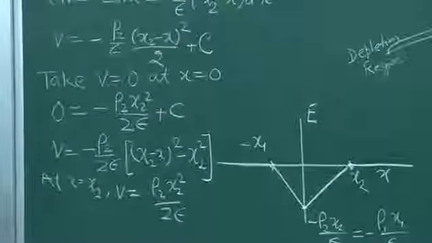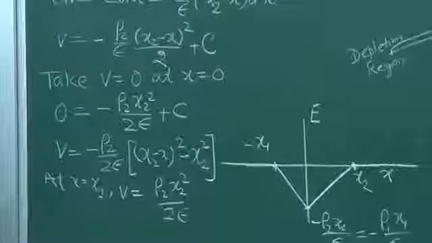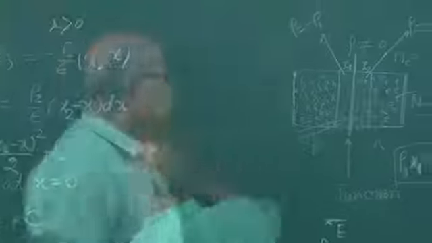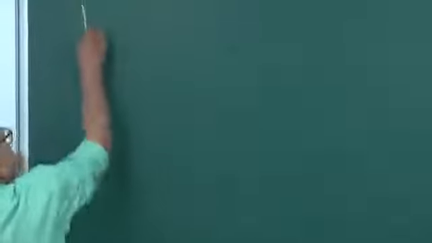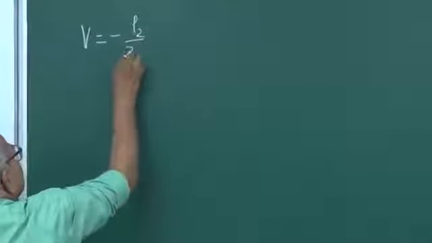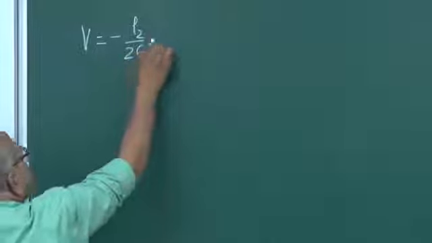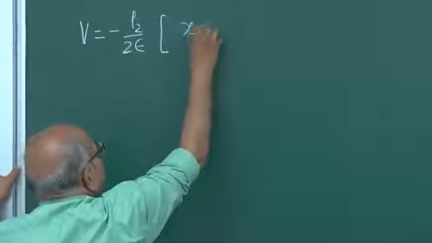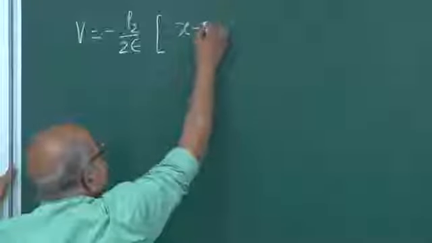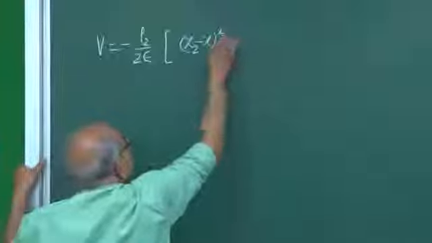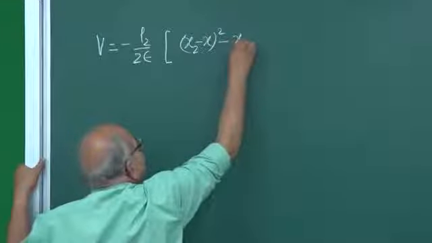So if you plot, how will it look? The expression was V equal to minus rho 2 over 2 epsilon, and then x2 minus x square minus x2 square.